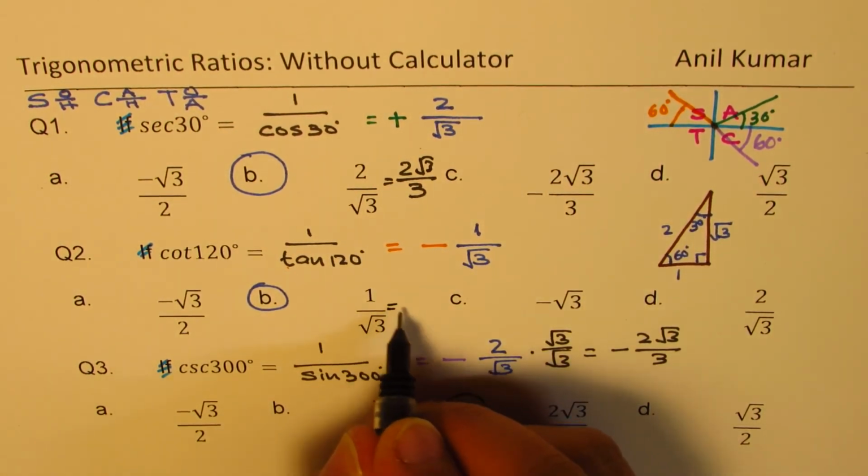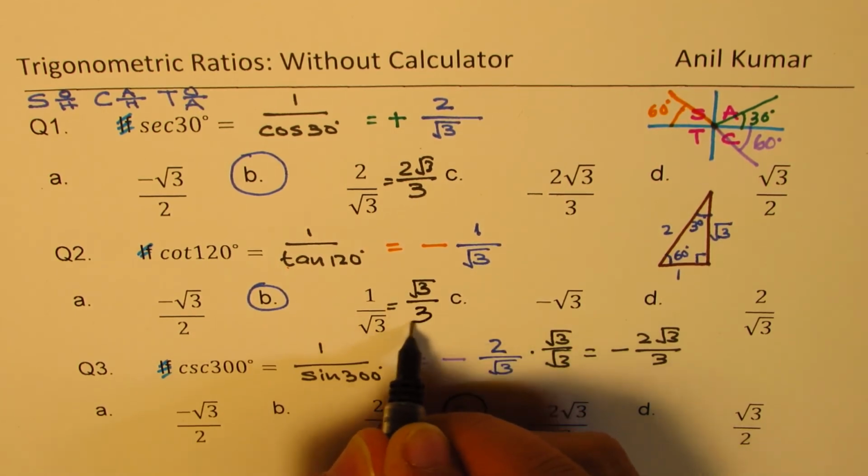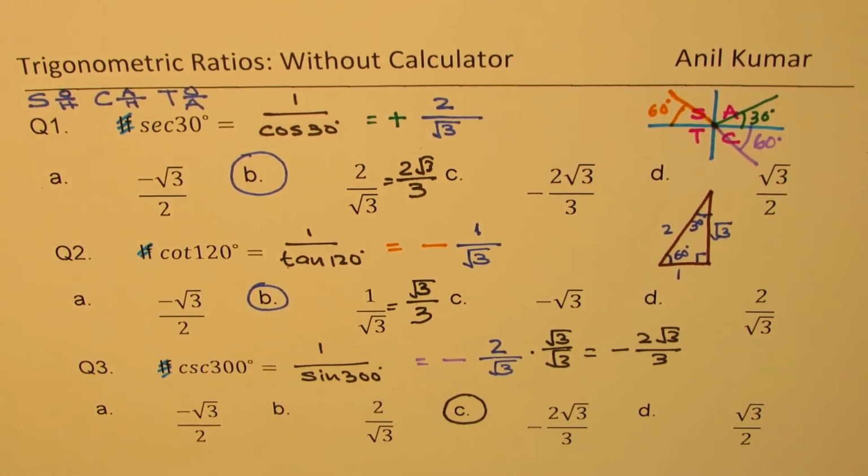And this answer should be written as square root 3 over 3. So it is a good practice to always rationalize the denominator when you have a situation like this. So in many multiple choice questions, you will actually not see square root 3 in the denominator. It will be rationalized as shown here later. Perfect, or as was given in question number 3.